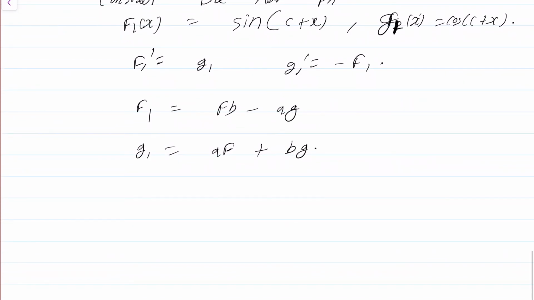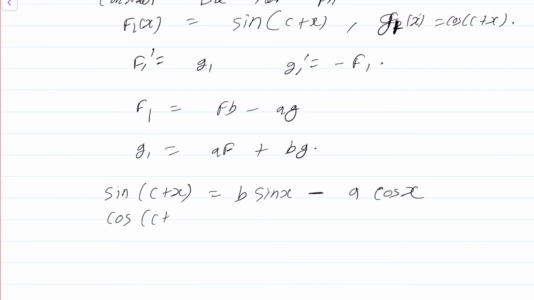So let me just translate this pair of equations into more concrete stuff. What we actually have is sine of c plus x is equal to b sine x minus a cos x, and cos of c plus x is equal to a sin x plus b cos x.